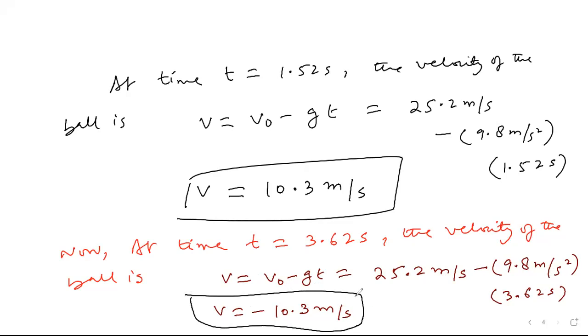That means you can check the two velocities have identical magnitudes but have opposite directions, right? That means at this time, this is ground. Ground is y naught equal to 0.